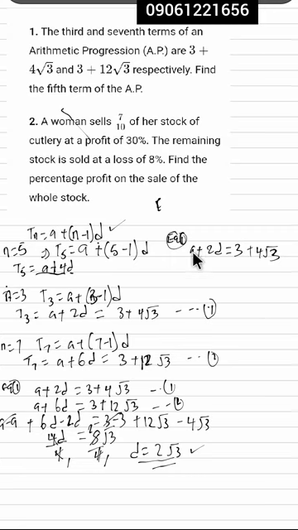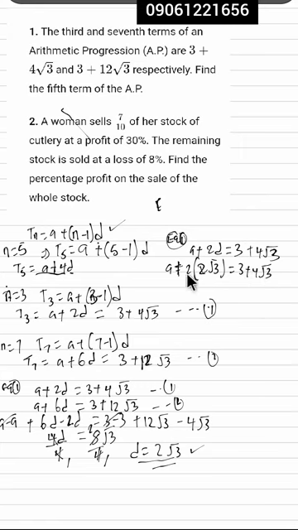Now we want to get the value of this a, and d is equal to 2 root 3. So let's replace d anywhere you see it with 2 root 3. Then this equation becomes a plus 2 open bracket, our d, that is 2 root 3, close bracket, equal to 3 plus 4 root 3.